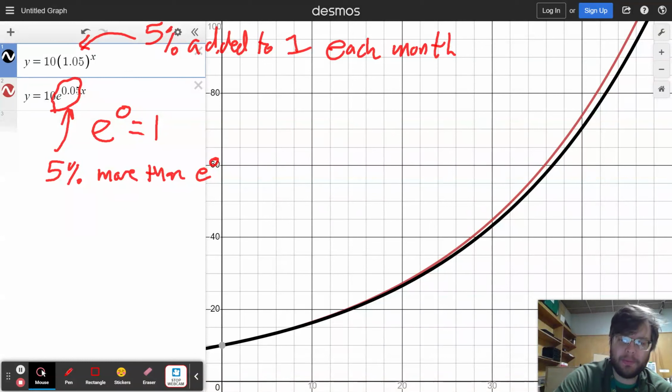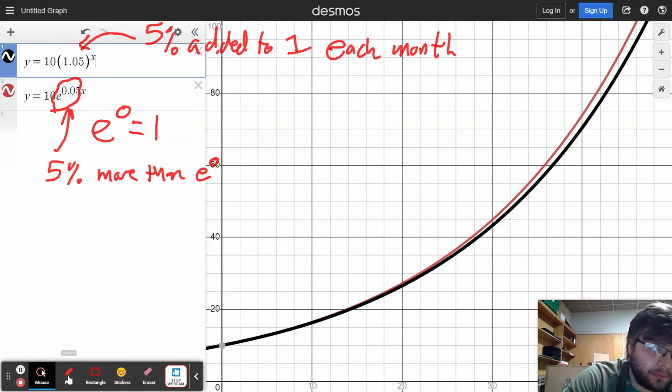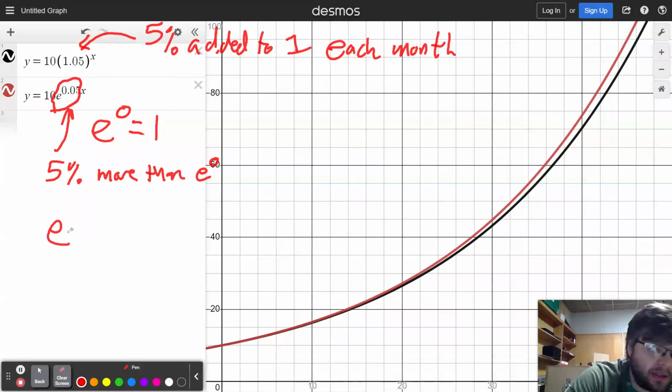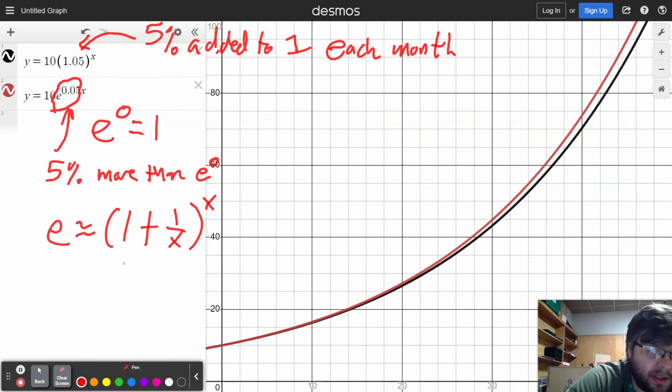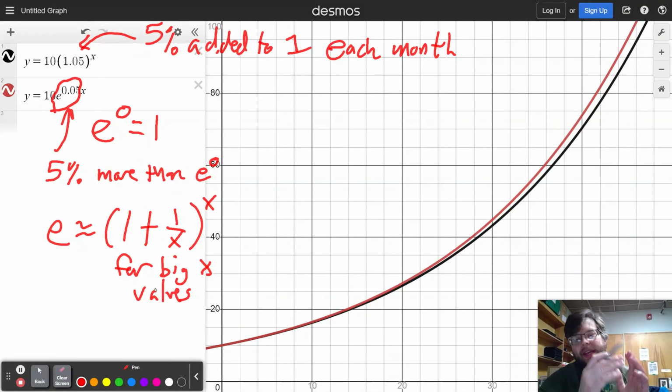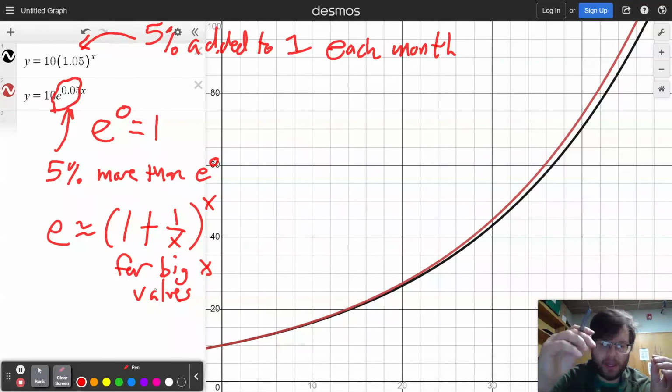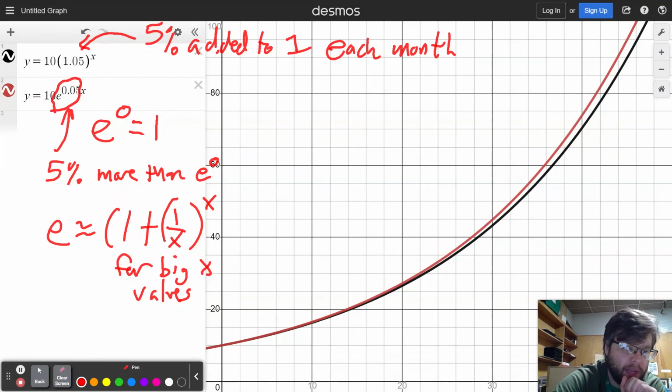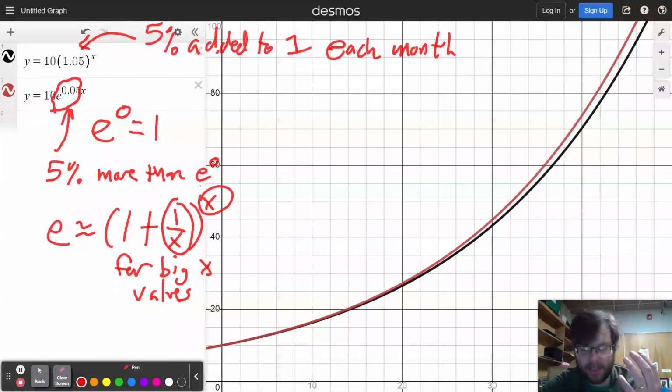It's because if you watch my first video about e, remember the idea is that e is approximately 1 plus 1 over x to the x for big x values. So what that means is if you're doing something and adding a really small amount a really big number of times, then e is a good approximation.